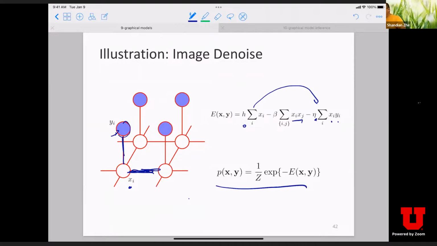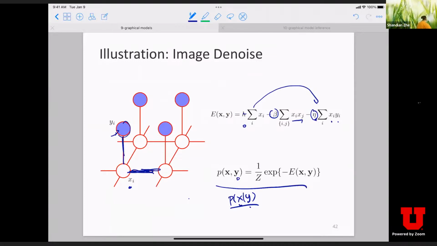And then we can estimate, because we have observation y. So we want to maximize the posterior distribution of X, namely the ground truth pixel values, given the noisy observations Y. And of course, we want to estimate the model parameters eta, beta, and H here. There are many ways of doing that, and I'm not going to talk about how.